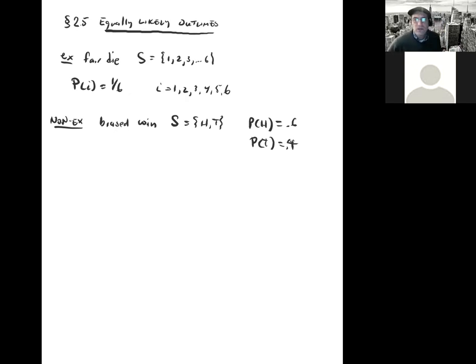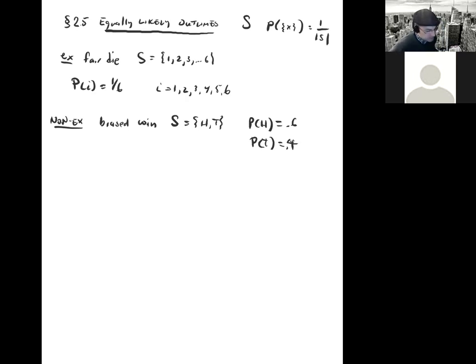Okay, so we're only interested in this section in the case of equally likely outcomes. That means that if S is the sample space, then P of a singleton, that is an event, is given by 1 over the number of elements in the sample space.